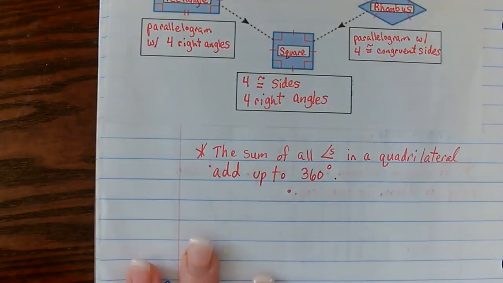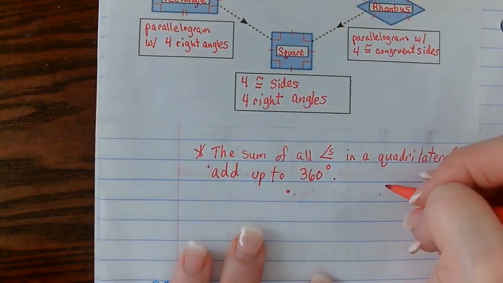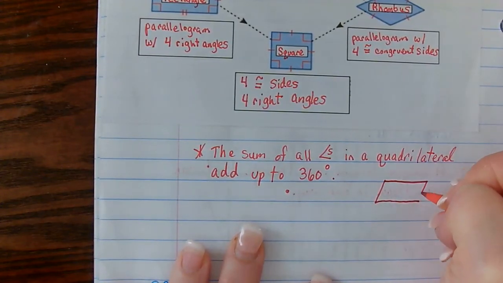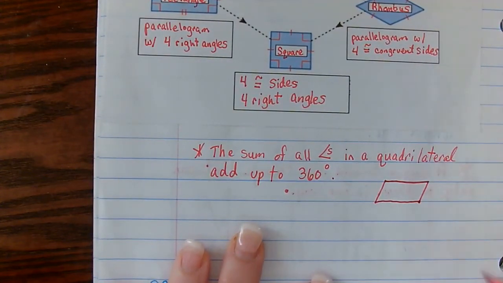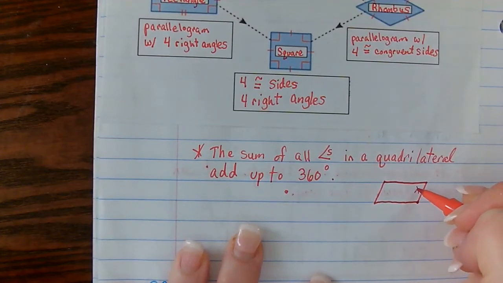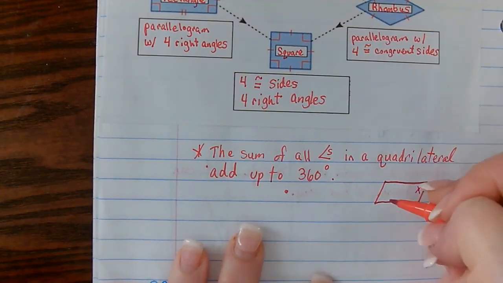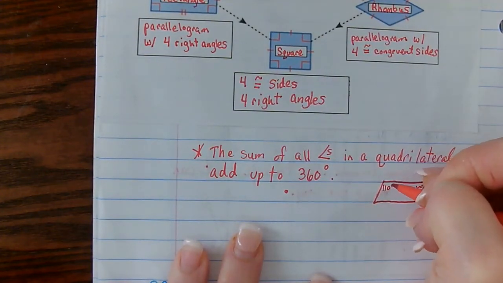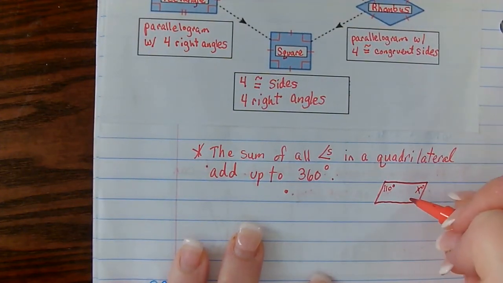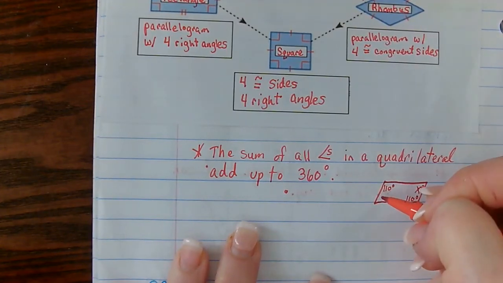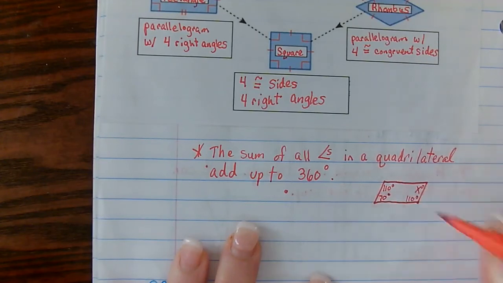Okay? So if I give you this quadrilateral here, I'll just draw a little sketch, okay? And we're trying to find x degrees for this corner. Let's say this one is 110. Let's say its opposite side over here is 110. And that this corner down here is 70 degrees.